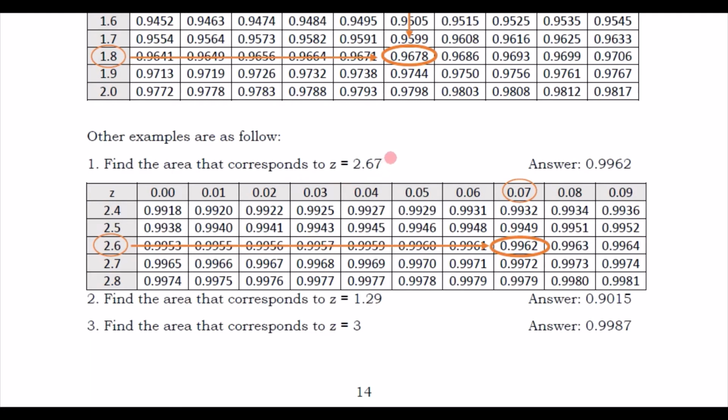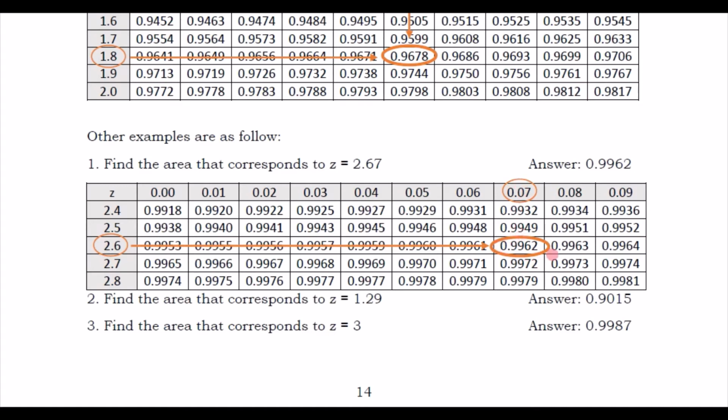Find the area that corresponds to 2.67. Paano natin gagawin? Again, hanapin muna natin yung 2.6 dito sa leftmost column ng table, and then yung 0.07 sa upper part ng curve natin makikita. So, 2.6, nandito sa taas yung 7. Saan sila mag-meet?